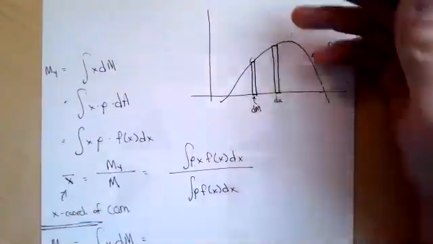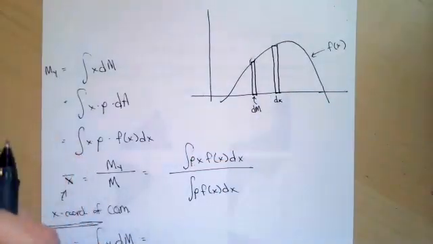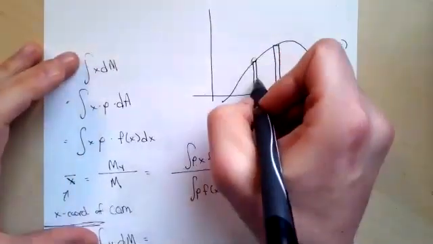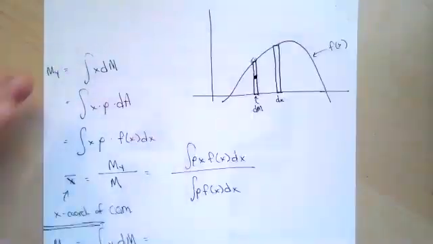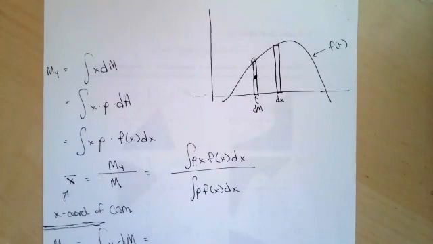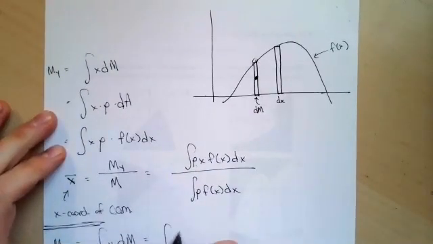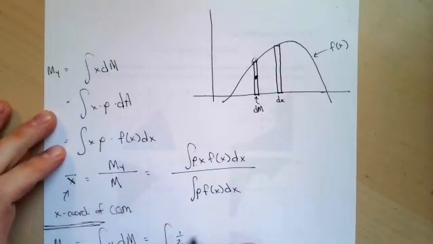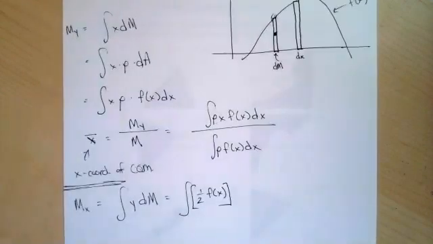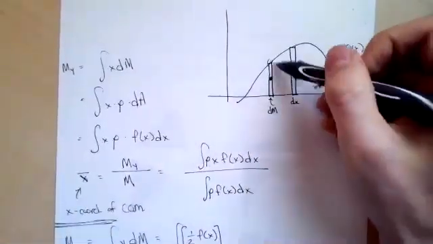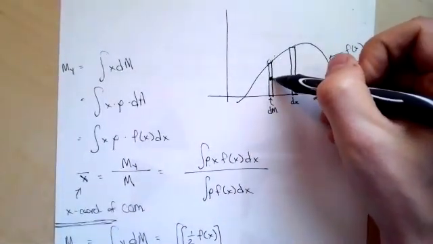But because the bar is uniform, it's symmetric, we're actually going to just pretend that this bar has all of its mass concentrated right at the middle. So we're just going to approximate that with 1/2 times y. So 1/2 times f of x will give us the vertical center of each bar.